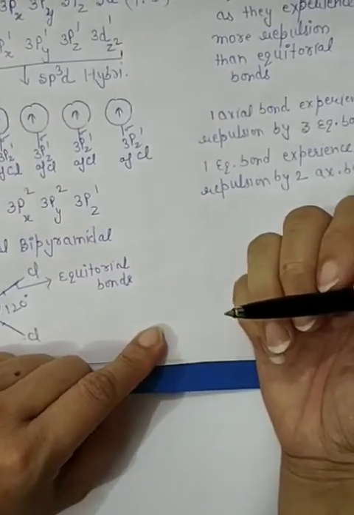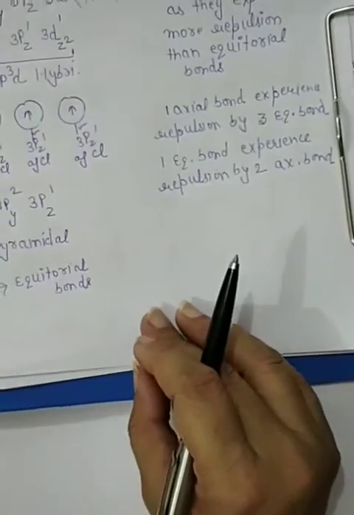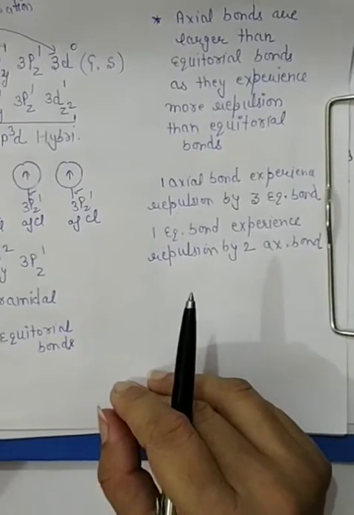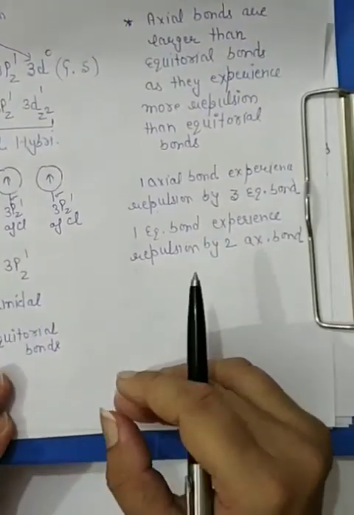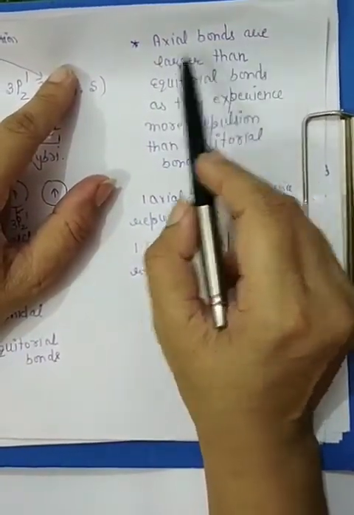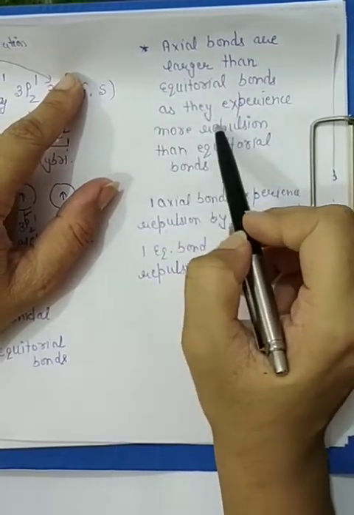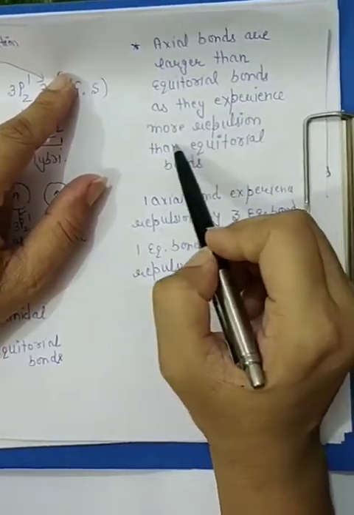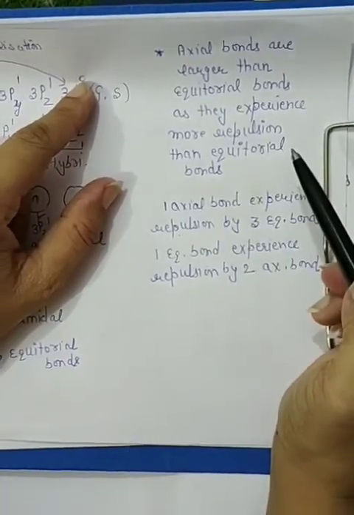That is the main question from here, which is almost always asked in the exam: describe the hybridization in PCl5, and in addition it can be asked why the axial bonds are larger than equatorial bonds. So the answer is that they experience more repulsion in comparison to equatorial bonds. Okay.